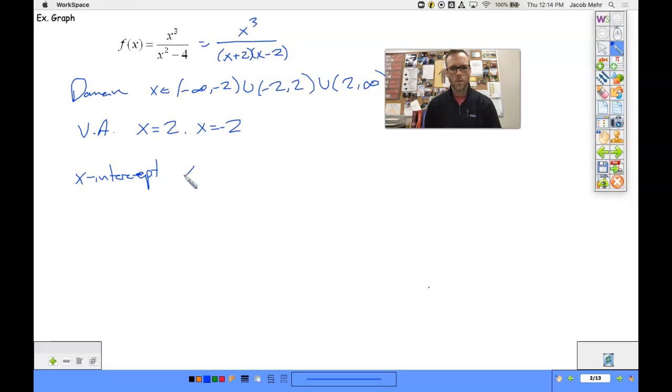So x equals 0 is the only x-intercept. That means it's the point (0, 0). I usually want the y-intercept too, but what you're going to notice here is that if the x-intercept is (0, 0), our y-intercept is also (0, 0). So nothing really crazy going on there.